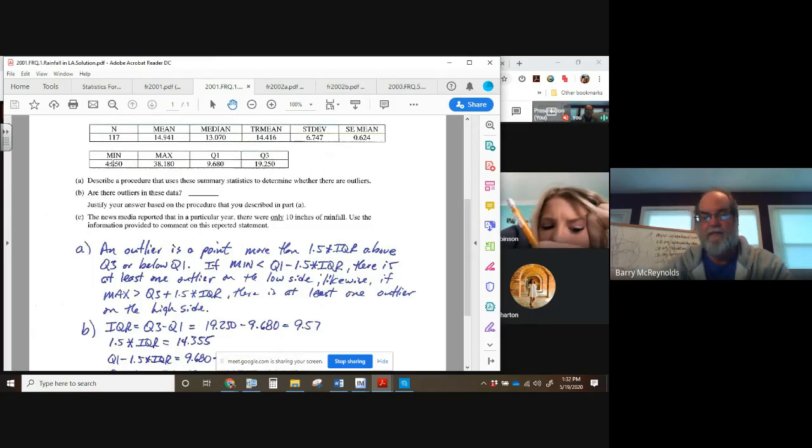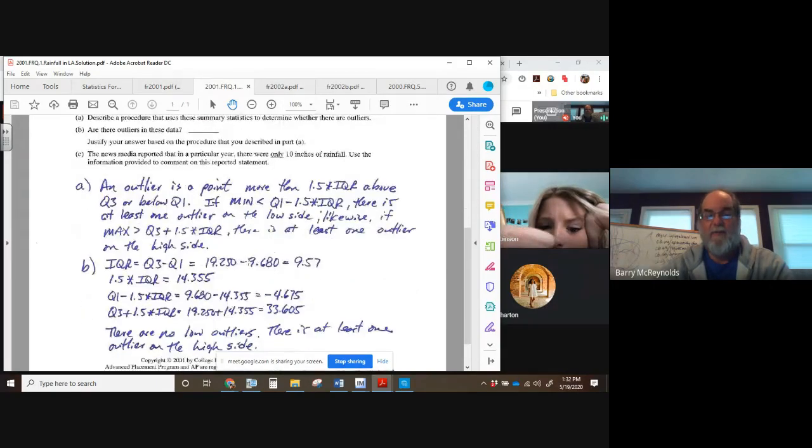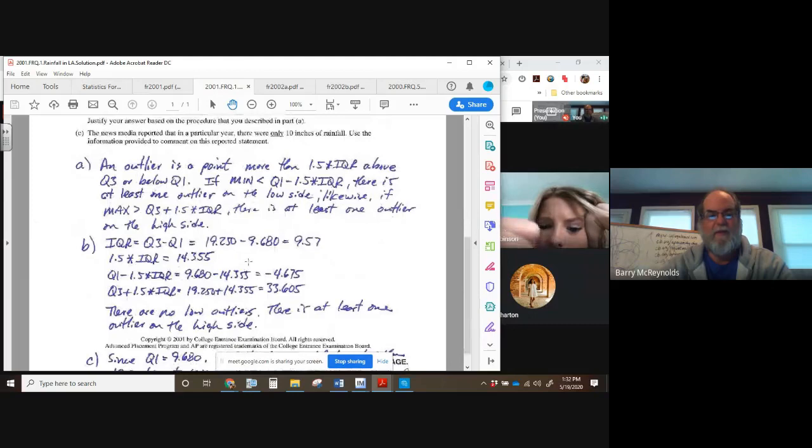There may be others. Or if the maximum value is greater than this value, then there's an outlier to the right. So that's our process. And then the arithmetic is really, really straightforward.